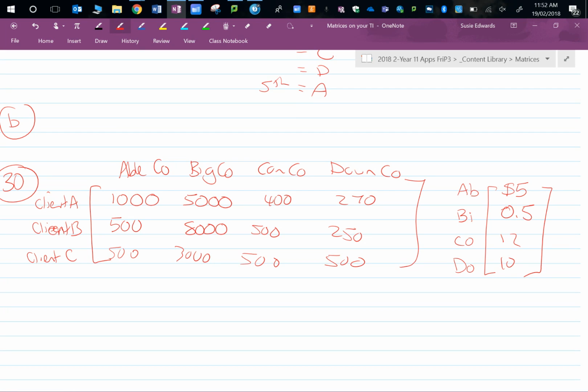So does this work if I say this matrix by this matrix in that order? Yeah, you can go 4 by 4. And then we can go client B, those 4 by that price. And when you add them all together, you should end up with how much money in shares they have. Now, for this, you need to use a calculator.